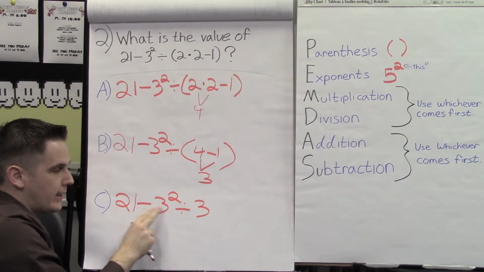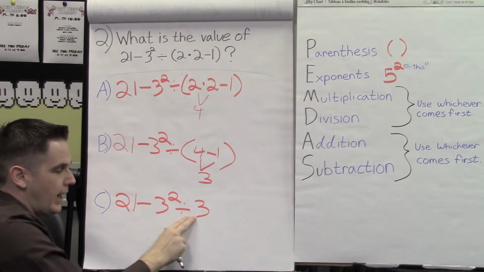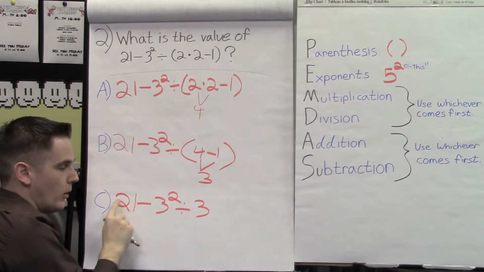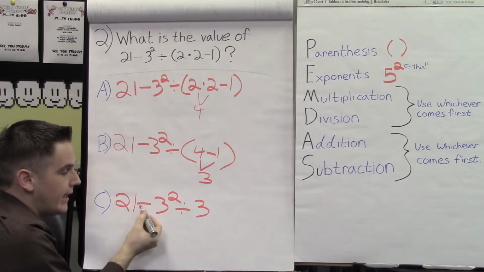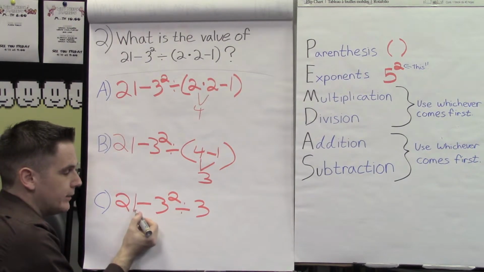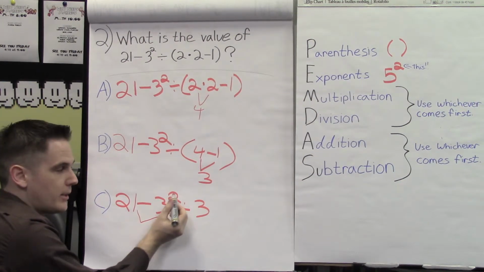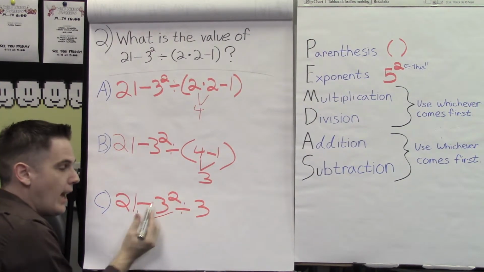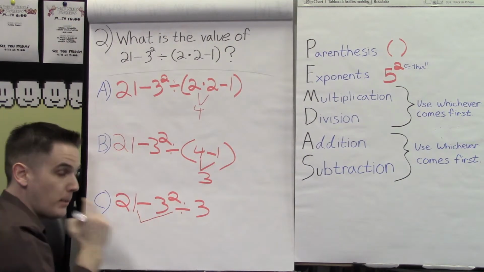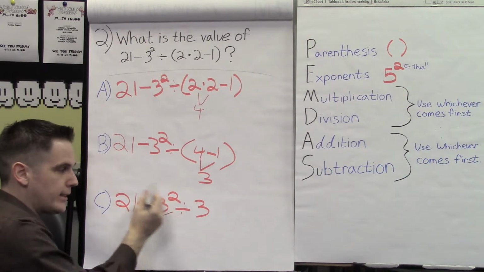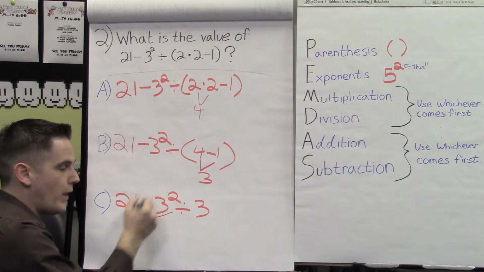We can't subtract, we can't divide, but we can use this exponent because that comes before anything else. However, don't leave off this negative. This is not just positive 3 squared, it's negative 3 squared. I know it's minus 3 squared. Some of you are thinking, no, that's subtraction. It is, but this also counts as a negative number, so you square this whole thing.